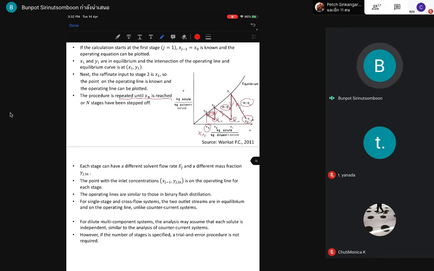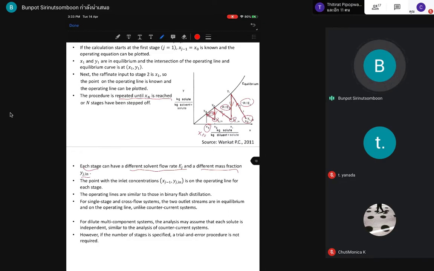Again, each stage can have a different flow rate, and can also have a different mass fraction yj in. The problems have to specify these values for you.